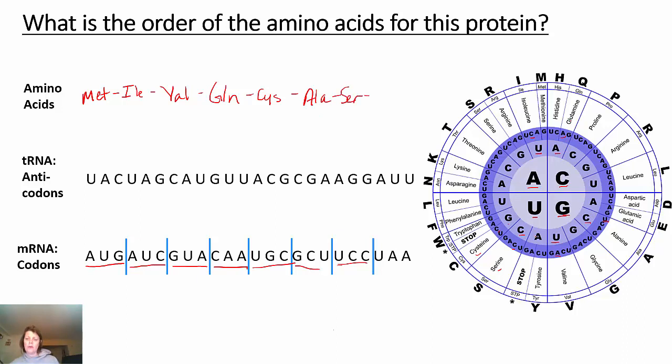And then UAA is a stop. Is that an amino acid? No, that just means the end. So I'm going to put stop here, meaning that I know that my amino acid chain is really only 7 amino acids long, because that was the end.